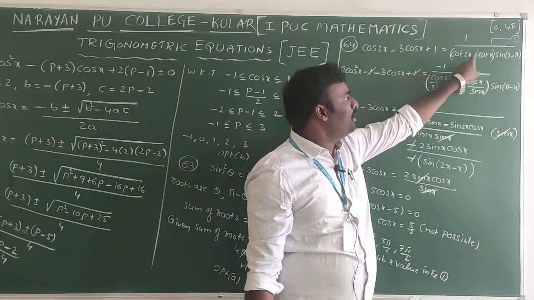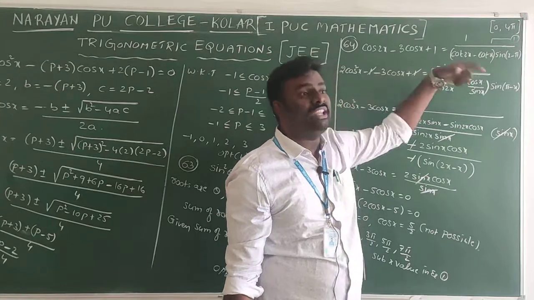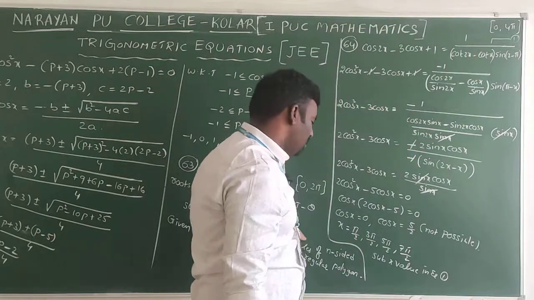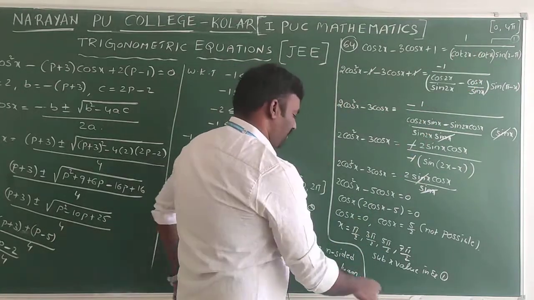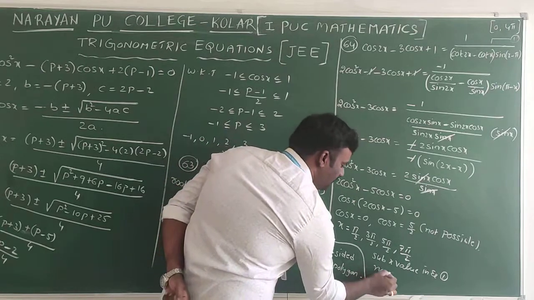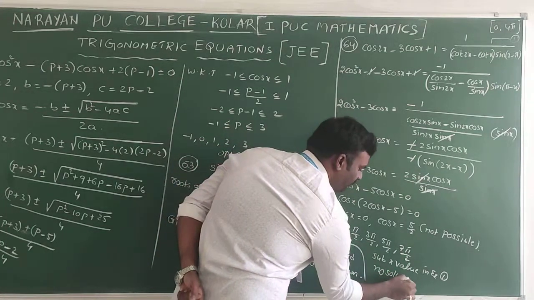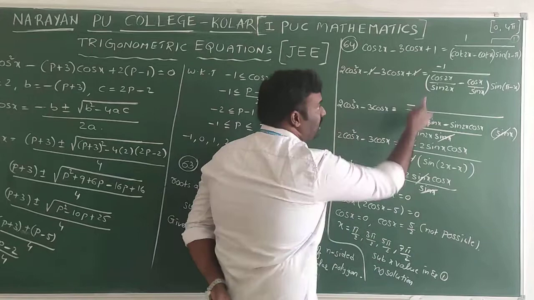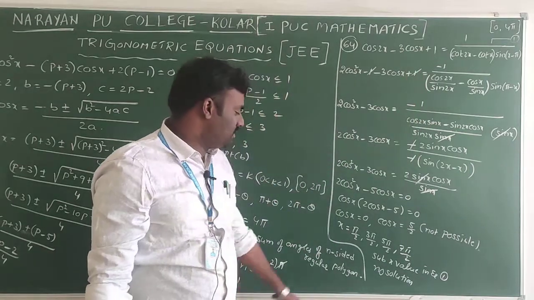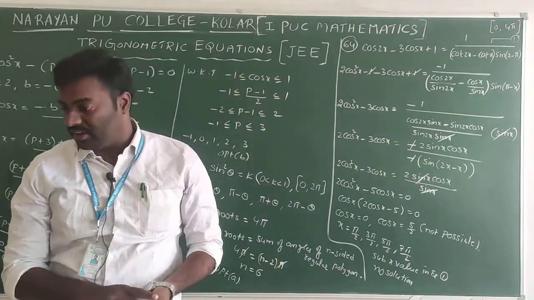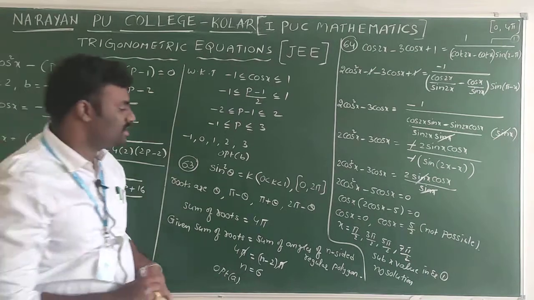Cot 2 into pi by 2, the 2 gets cancelled, cot pi, you will get infinity. That's why these 4 are not satisfying. If you substitute these 4, you will get an undefined value. That's why no solution. Therefore, the number of possible solutions is 0.